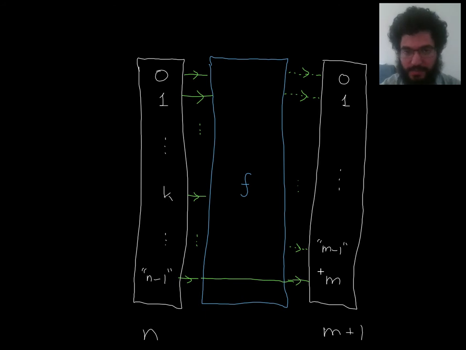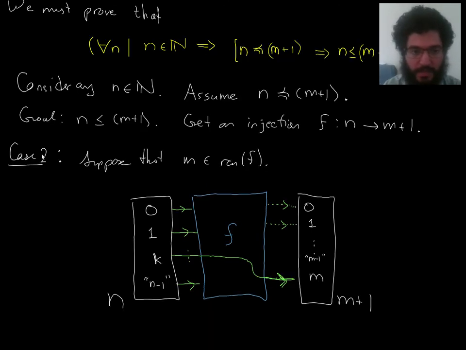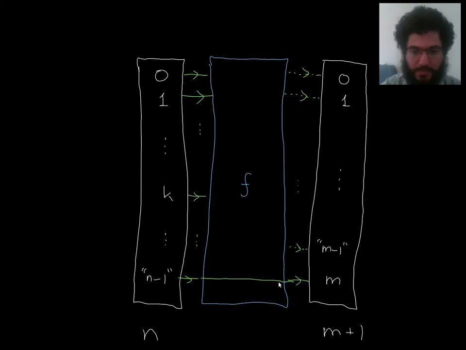So we know something leads to m because we're assuming we're in case 2 where m is in the range of f. So we know something leads to m, and we've given the name k, maybe to whatever it is that's leading to m. But suppose that the k were actually n minus 1. This is what leads to m.